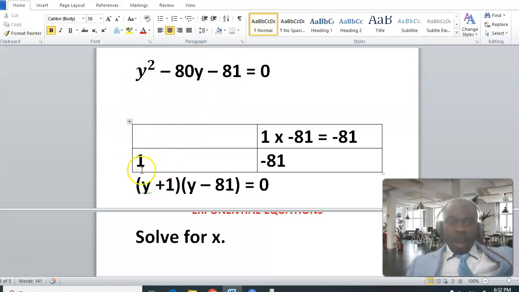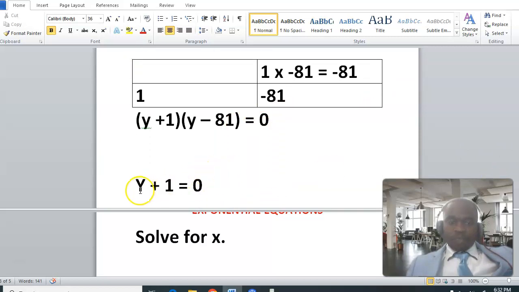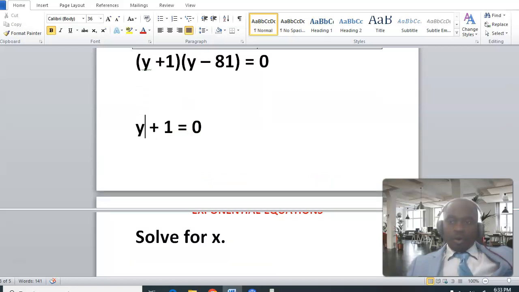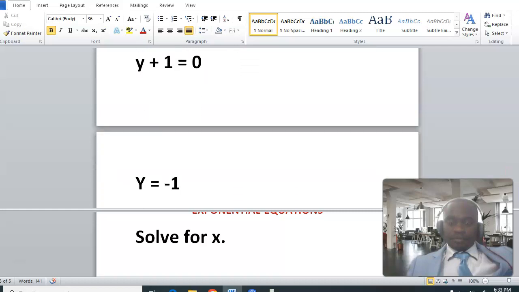So it means y, this is 1. 1 is the same as plus 1. So y plus 1 will be a factor. Then y minus 81 will also be a factor, equals to 0. So it means y plus 1 is equals to 0. Or y minus 81 will also be equals to 0.